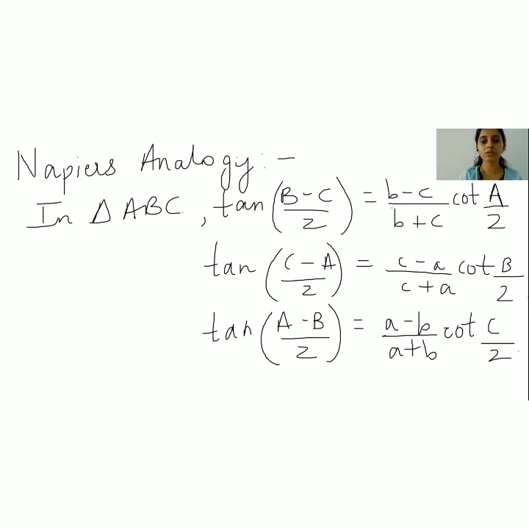In Napier's analogy, tan of (B minus C) upon 2 is written with the B minus C angle, the ratio is also B minus C over B plus C, and cot of the angle not mentioned at all, the half angle, cot of A by 2. Even on the left hand side, you observe they are half angles, B minus C divided by 2, C minus A divided by 2.